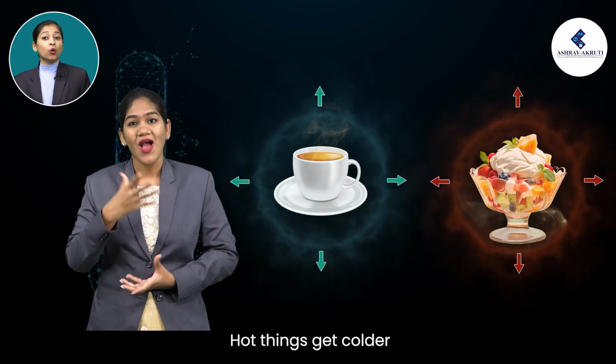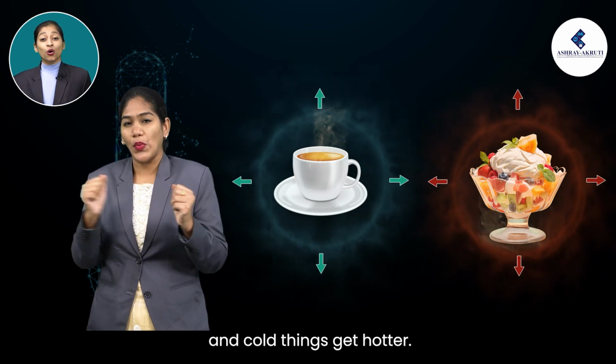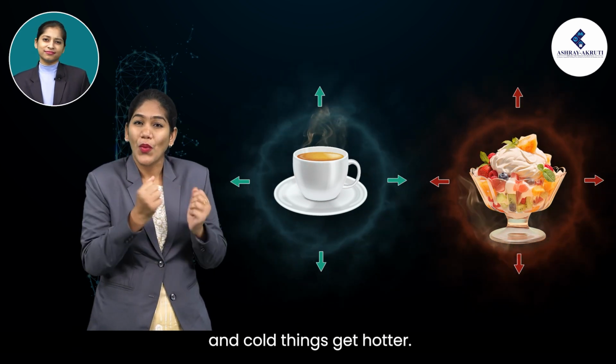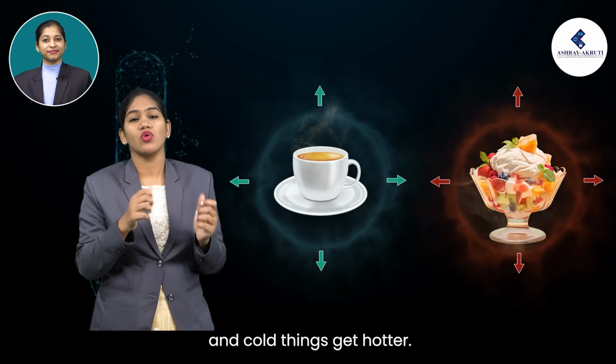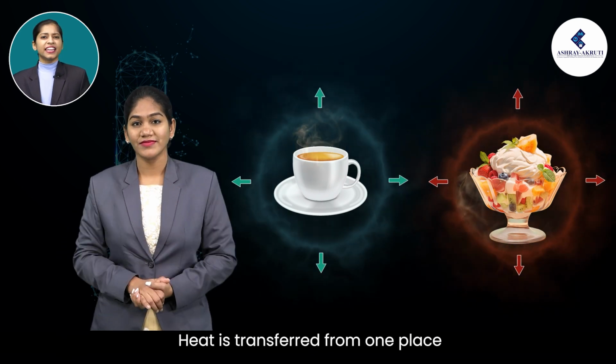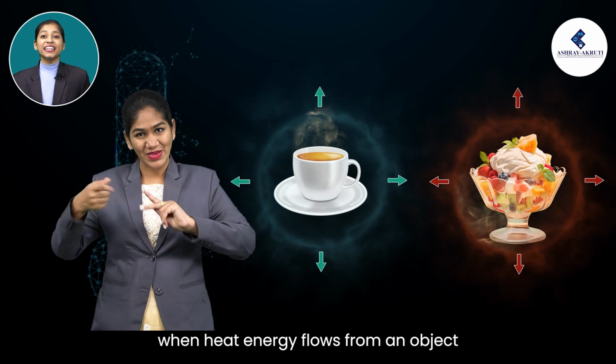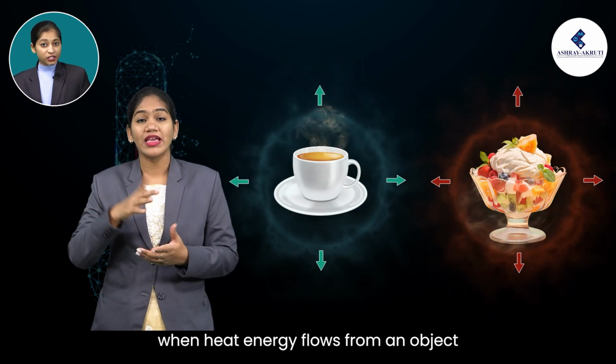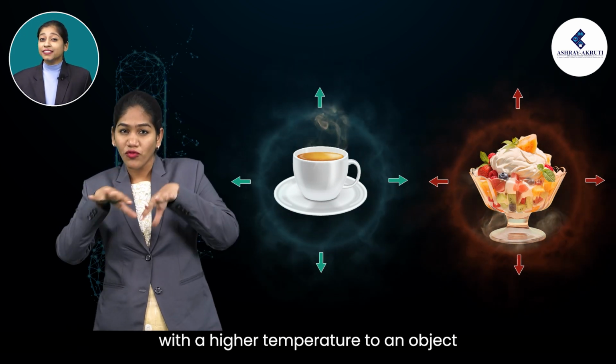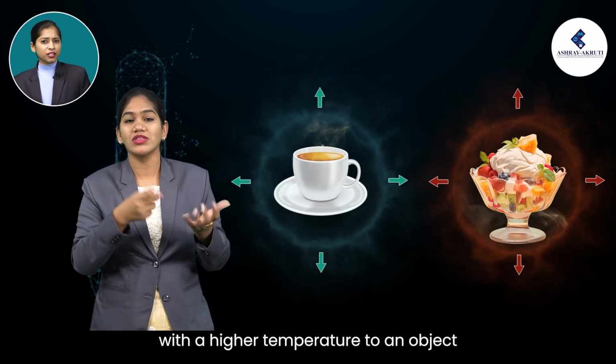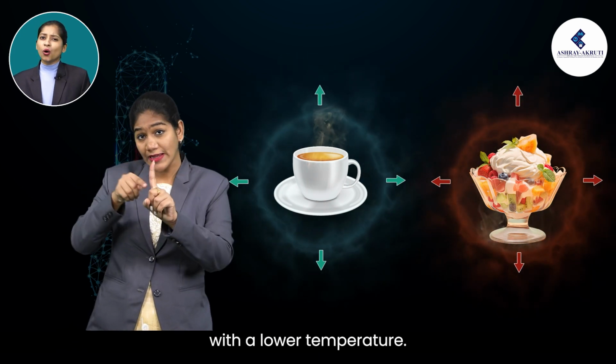Hot things get colder and cold things get hotter. Heat transfer takes place when heat energy flows from an object with a higher temperature to an object with a lower temperature.